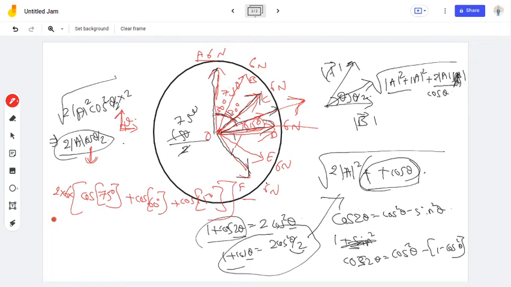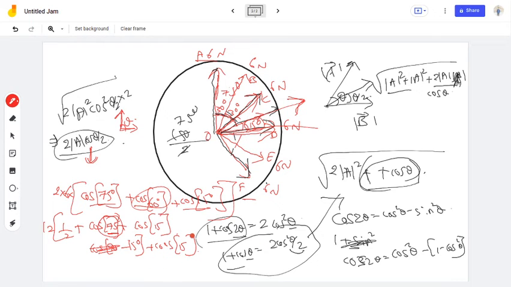So this should be our answer. Let's try to find the value. 2 sixes are 12 into cos 75, plus cos 60, we know that cos 60 is 1 by 2, plus cos 15. So cos 75 plus cos 15. I can write 75 as 90 minus 15, so it turns out to be cos of 90 minus 15 plus cos of 15.